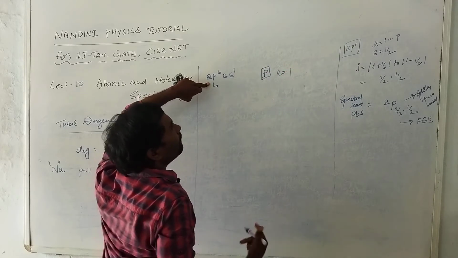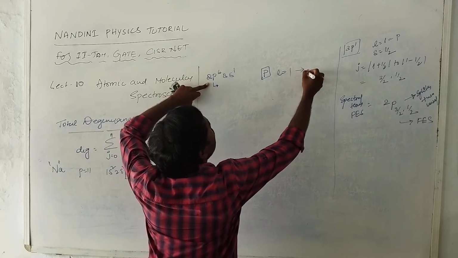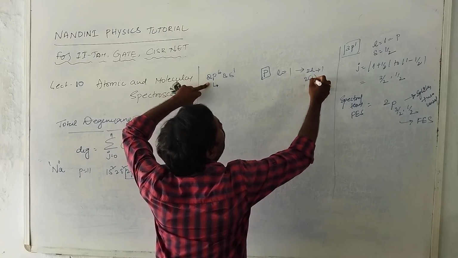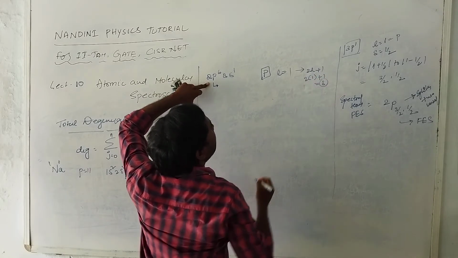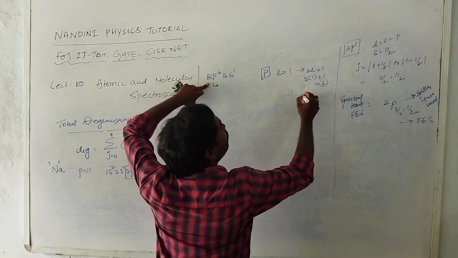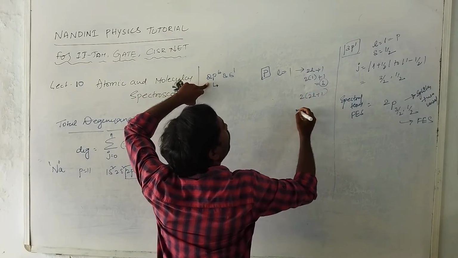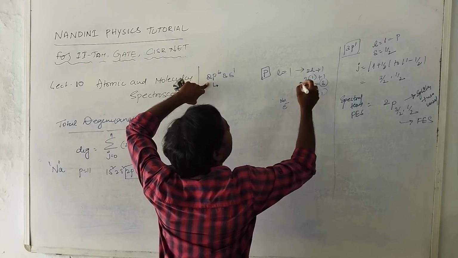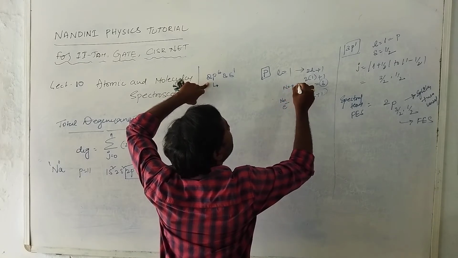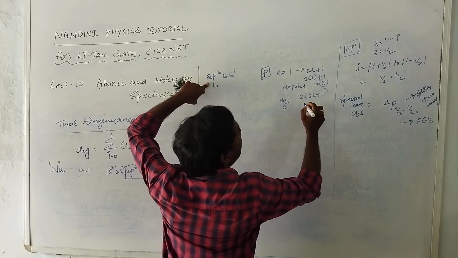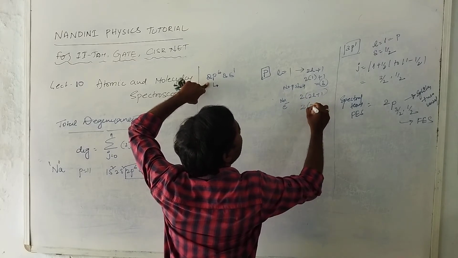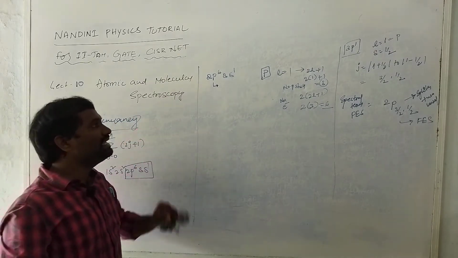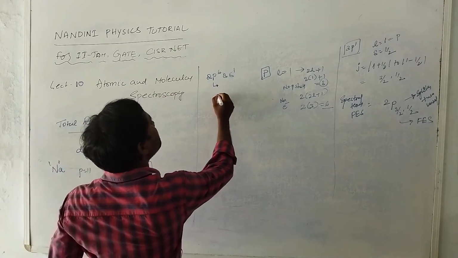The number of possible values is 2L plus 1, so 2 into 1 plus 1 is 3. It contains 3 subshells. So the total number of electrons is 2 into (2L plus 1), which is 6. The total number of electrons occupied in the p state is 6.